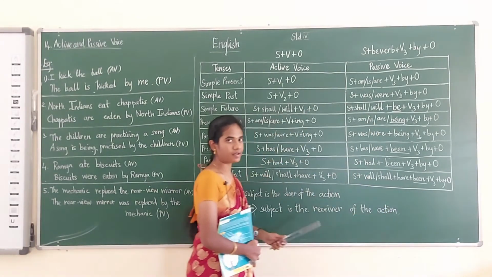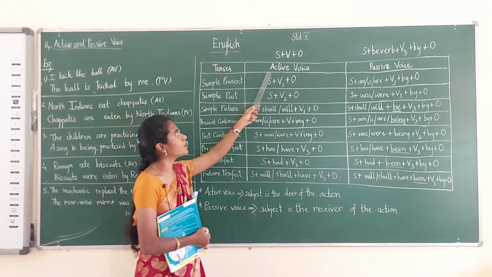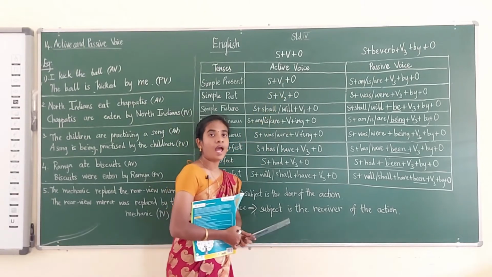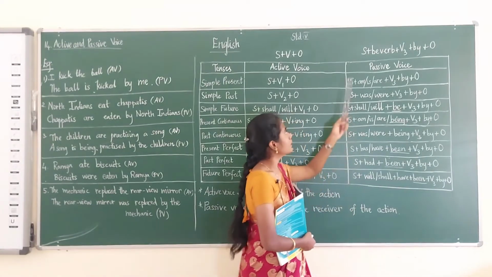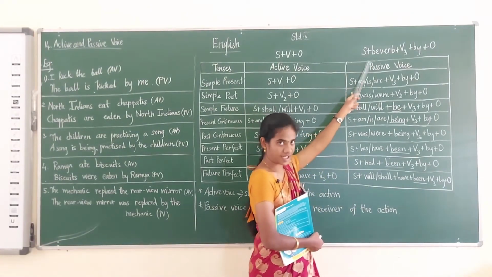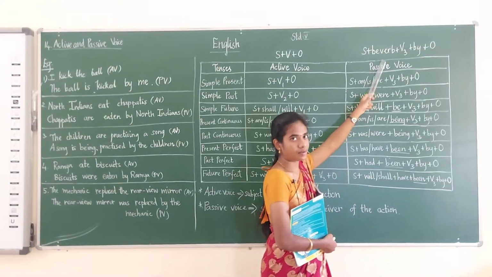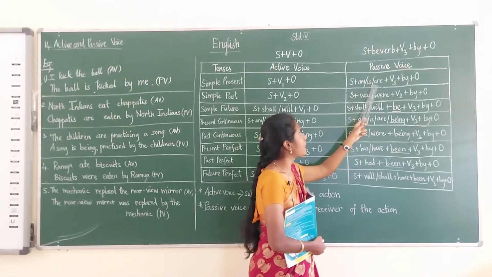Okay, students, are you clear with this? The main thing you have to remember is the structure of active voice: subject plus verb plus object. And in the passive voice, the structure is, first you have to write down the subject, next you have to write down the be verbs. What are the be verbs? That is am, is, are, was, were.